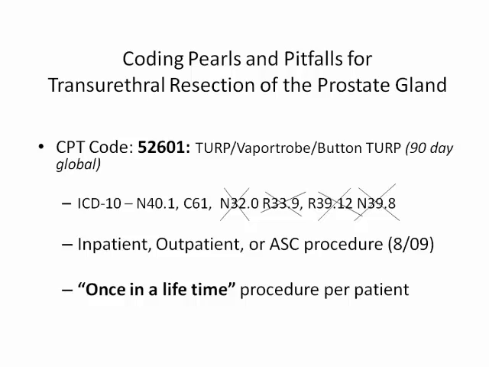All of these procedures are billed with the code 52601, and this code has a 90-day global. The ICD-10 diagnoses, which will ensure payment and provide medical necessity for the 52601, is N40.1.